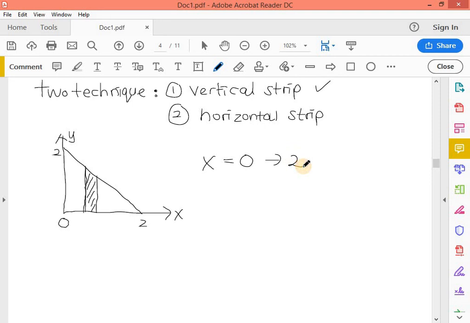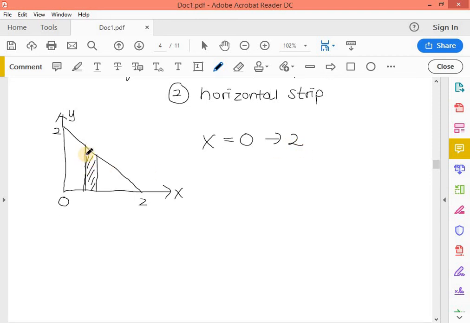You agree? I repeat, this is the vertical strip. So this vertical line, if I move it to the minimum point, you will move it until this point, am I right? And at this point, you will have your x value equals to 0. Next, if I move this vertical line to the maximum, you will have your x value equals to 2.